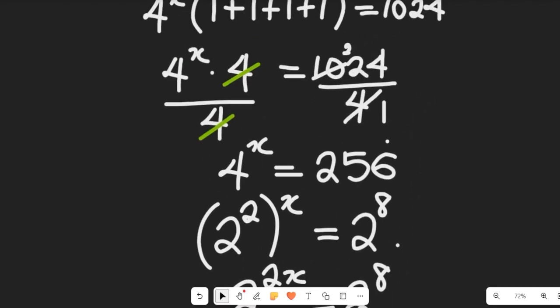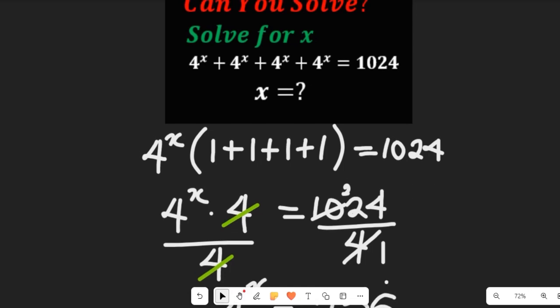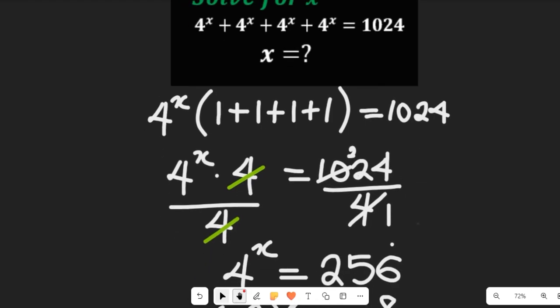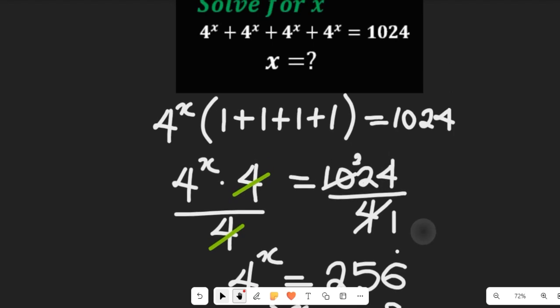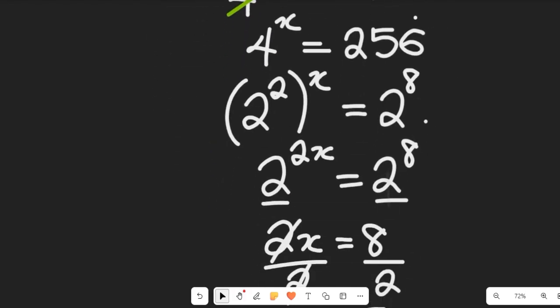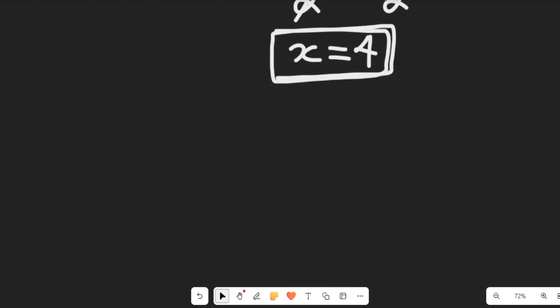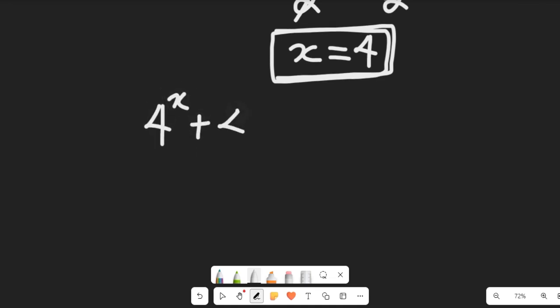Now come to think about this. If we insert the value of x equal to 4 to that expression, can we get 1024? Now let's check. I have 4 to the power of x plus 4 to the power of x plus 4 to the power of x plus 4 to the power of x.